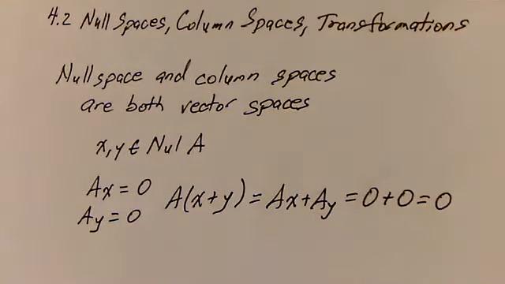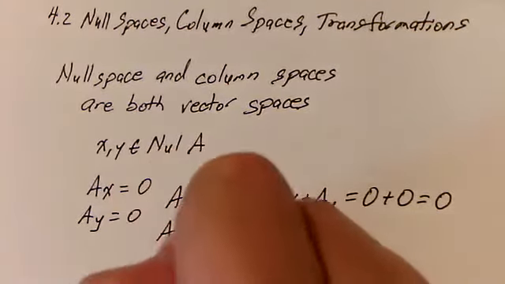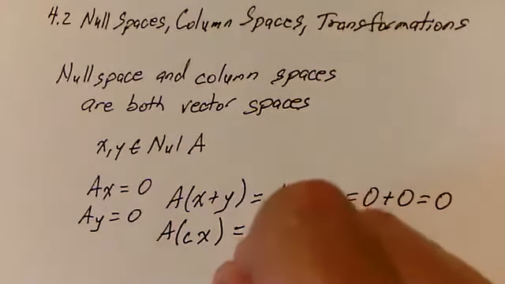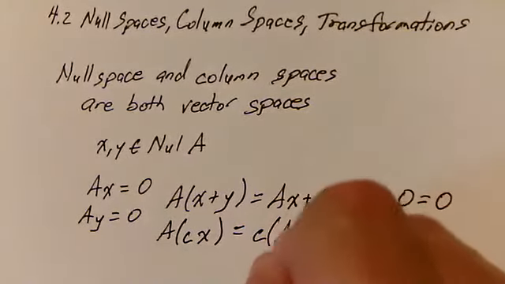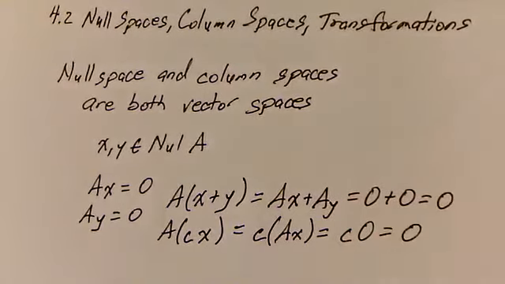So it clearly passes the test for vector addition. Now for scalar multiplication, remember that I can bring the scalar out to the front. I have associativity with scalars, so I get c times 0, which is 0. So clearly the null space meets all the criteria to be a vector space, the same as the column space.